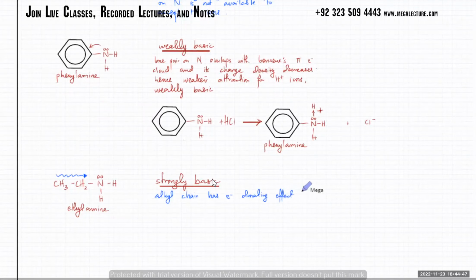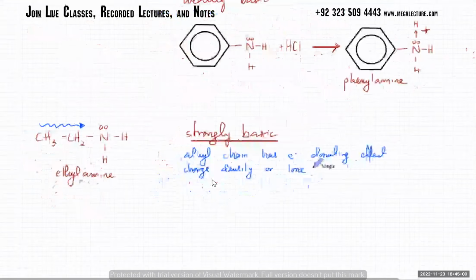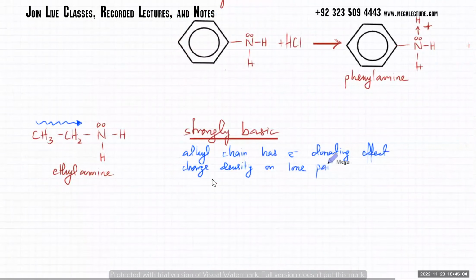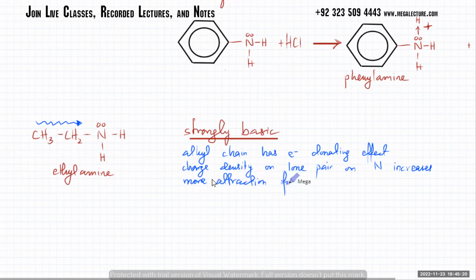What happens because of that is that the charge density on the lone pair on N increases, and that leads to more attraction for H plus ions, and because of that, it's going to be a stronger base.